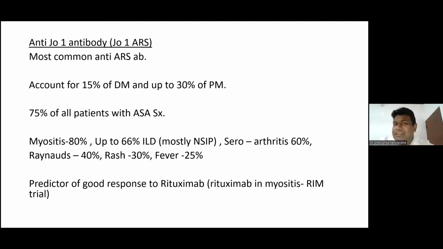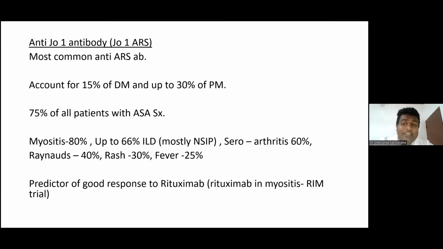And here in this anti-Jo-1 antibody syndrome or anti-Jo-1 anti-synthetase syndrome, the characteristic feature is what textbooks describe about anti-synthetase antibody, the myositis being the commonest presentation, which is associated with ILD, usually NSIP form, and seronegative arthritis, Raynaud's, rash, and fever. And if you have anti-Jo-1 positive anti-synthetase antibody, that actually is a good predictor of a good prognosis.